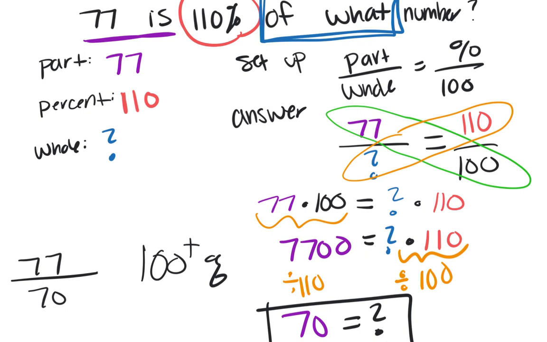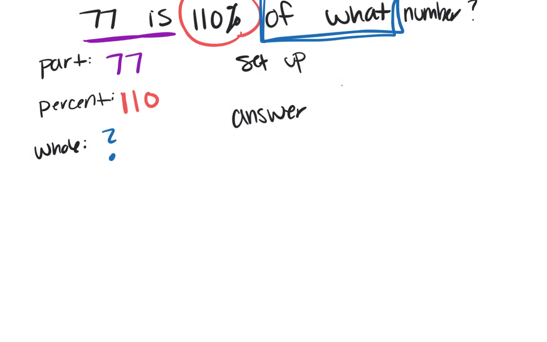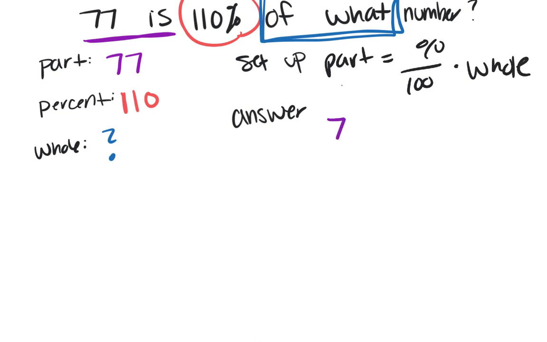So the other one, the equation, I erased too much, is this. The part is equal to the percent divided by 100 times the whole. So instead of the part, my part is 77. The percent is 110 over 100. And I don't know the whole, so times question mark.